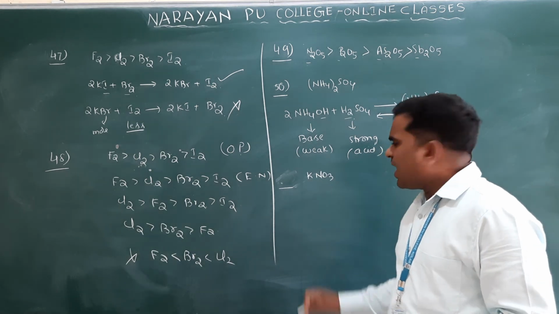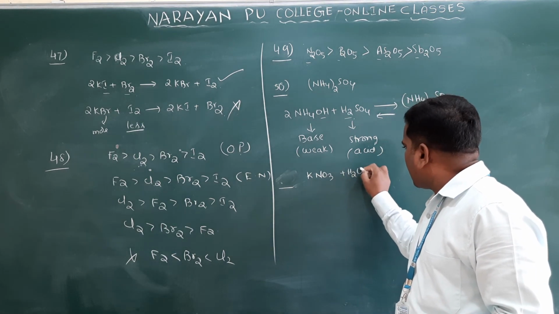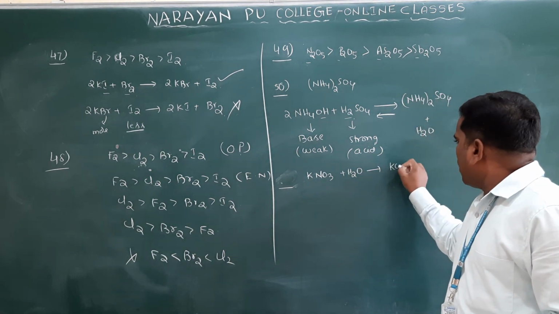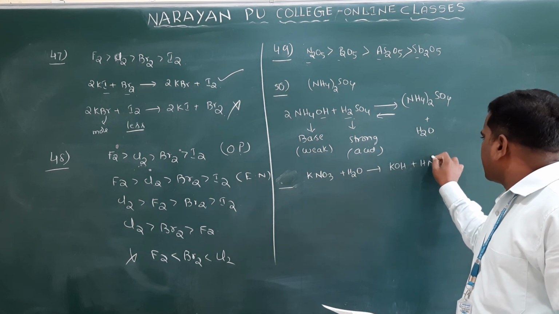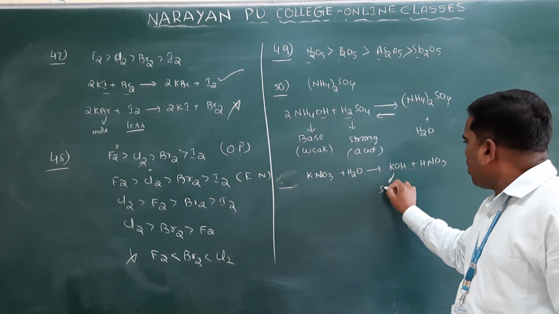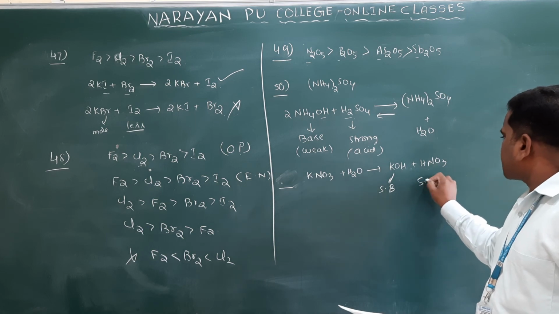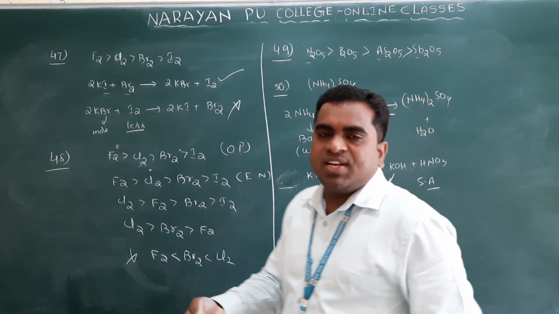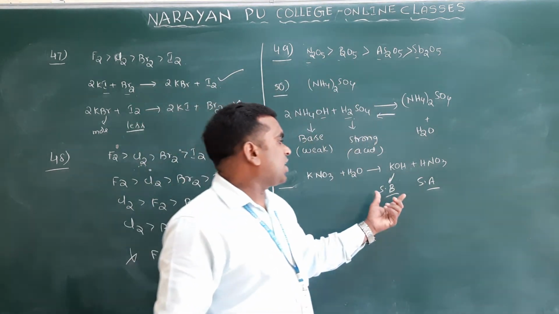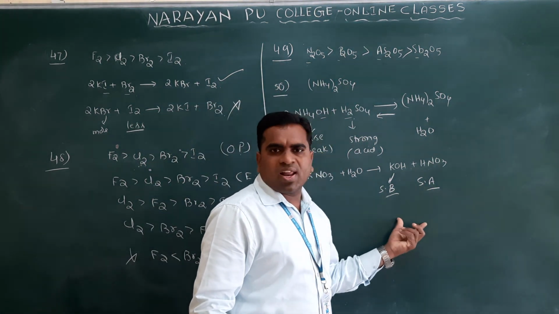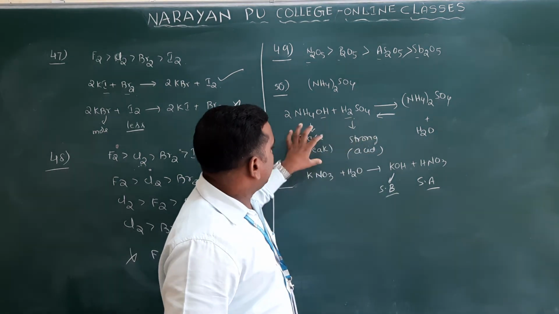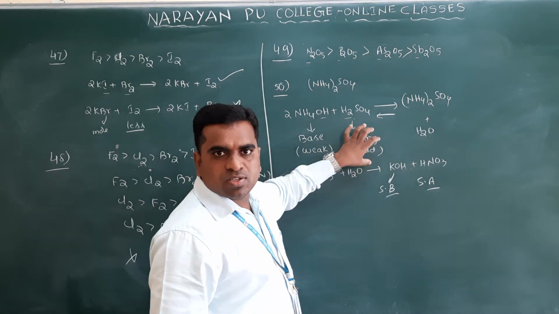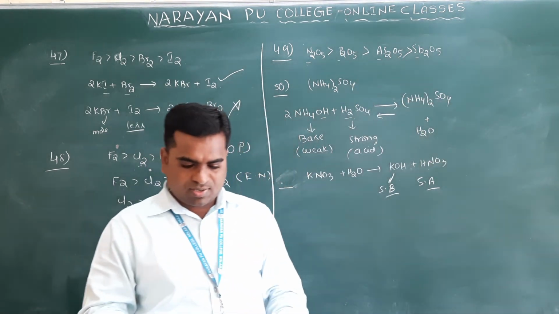KNO3. If you dissolve KNO3 in water, you will get KOH plus HNO3, a strong base and a strong acid. So the acidity of the soil will not increase here because both are neutralized. But in the other case, a weak base and a strong acid, so the acidic character increases. That is clear.